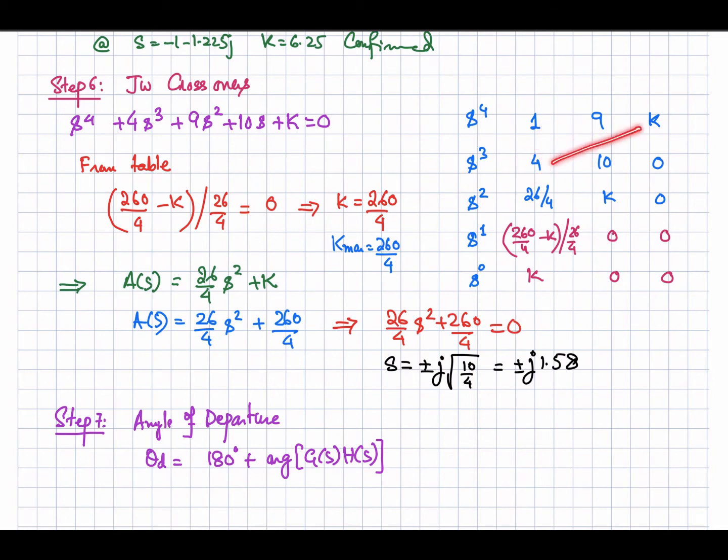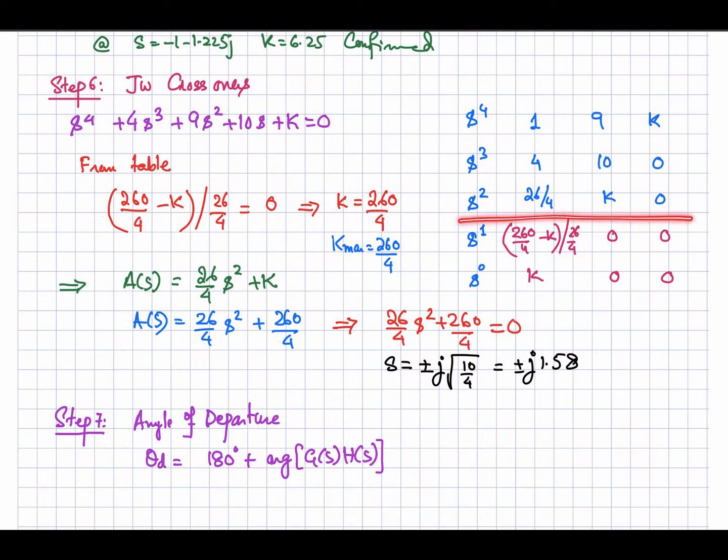Similarly 4 into k divided by 4, so you will get k. Then multiplying these two minus this part divided by this pivot value, you will get this expression, and the other entries will be 0. Then this multiplied by this minus 0 divided by this, you will get k. So this is the Routh table.